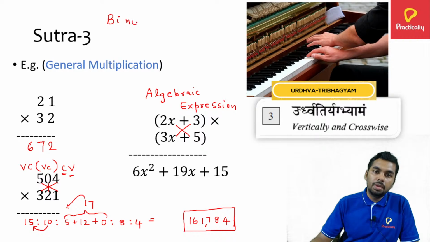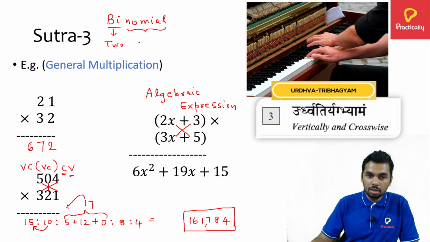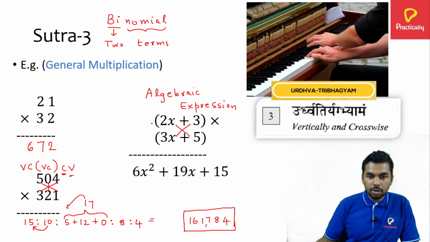So binomial, it has two parts. Bi, the meaning of bi is two, and nomial, this second part you can understand as terms. So for example, this expression 2x plus 3 multiplied by 3x plus 5. There are two parts. This is part 1, this is part 2. That is the reason why it is called binomial.